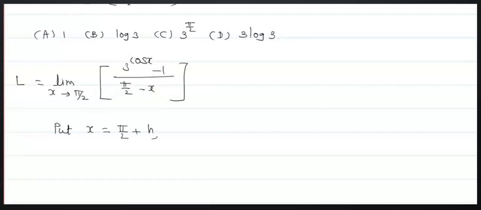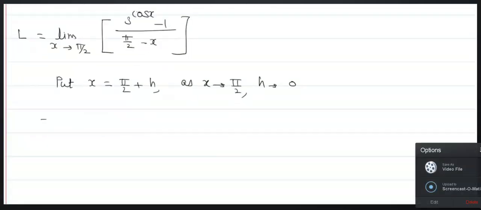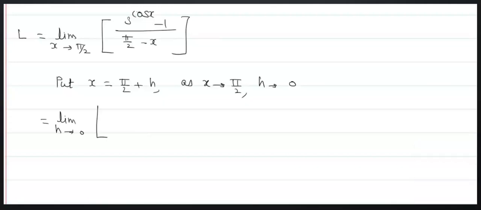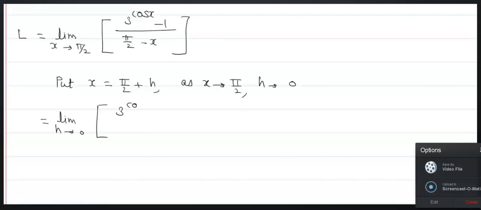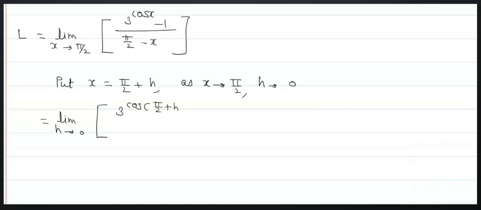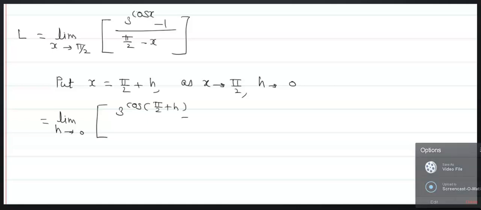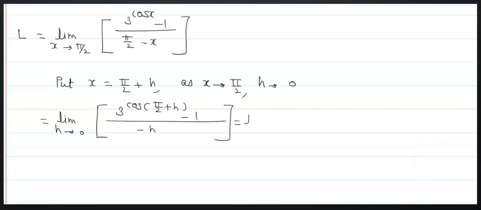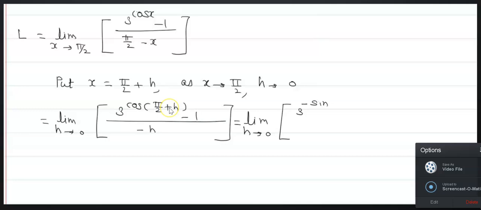Put x is equal to pi by 2 plus h. As x tends to pi by 2, h tends to 0. Therefore, limit h tends to 0, 3 raised to cos of pi by 2 plus h minus 1 upon pi by 2 minus x, that is nothing but minus h. Now what is the cos of pi by 2 plus h? It goes in the second quadrant, which is minus sin h.